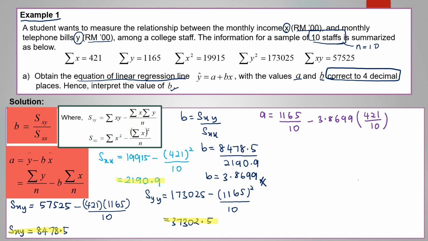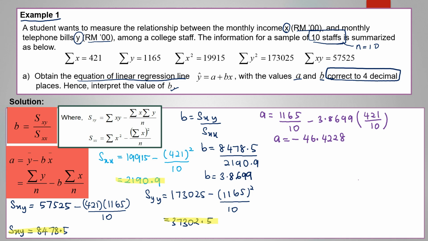Just press your calculator correctly, you will get the value of a is negative 46.4228. Please make sure your coefficients a and b are written correct to 4 decimal places.